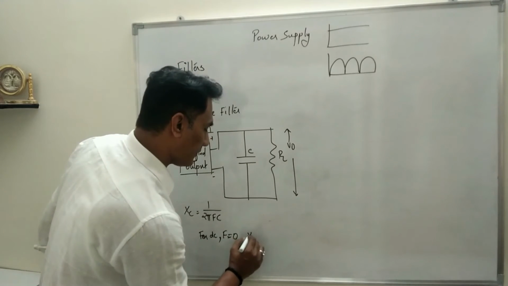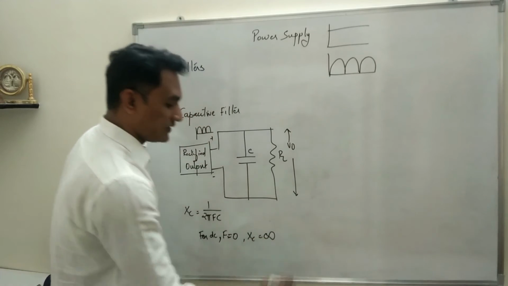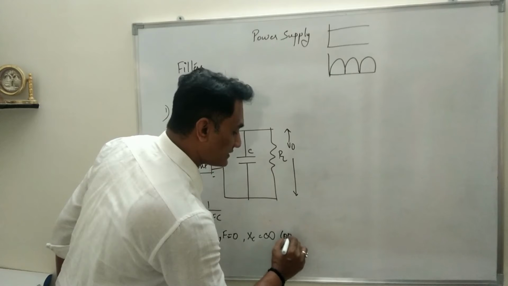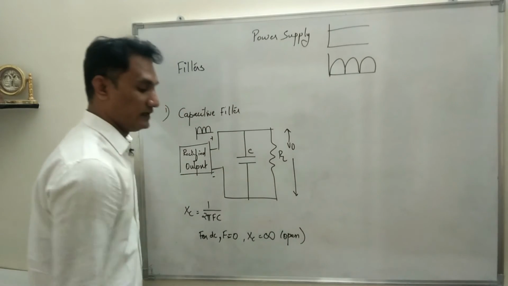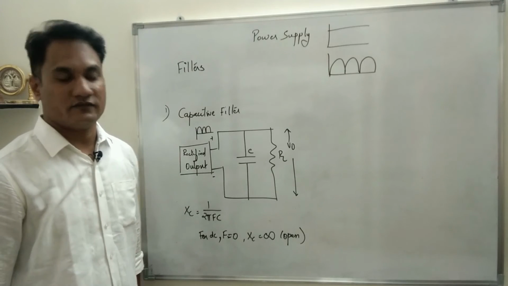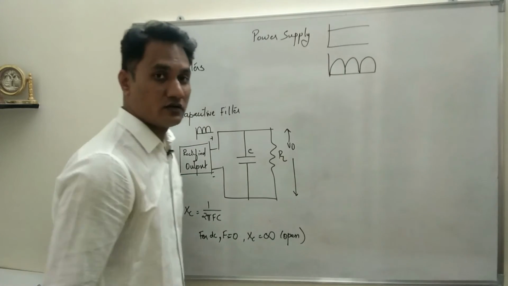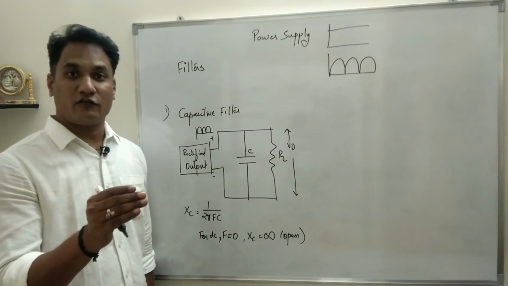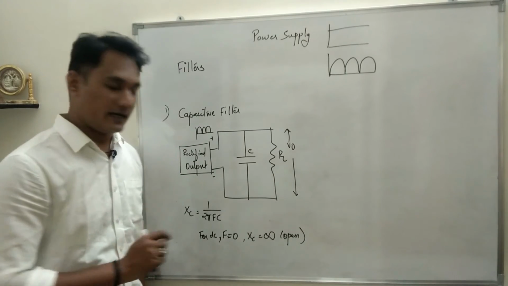Infinite means it acts as an open circuit, an open switch. Very high resistance means no current will flow, and no current will flow means it will act as an open switch, right?